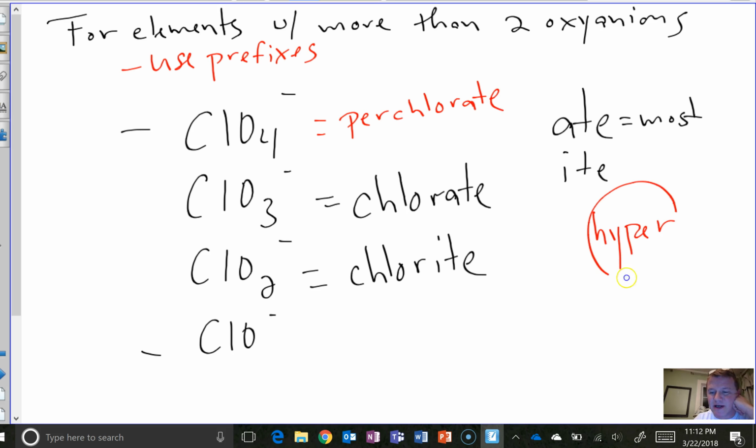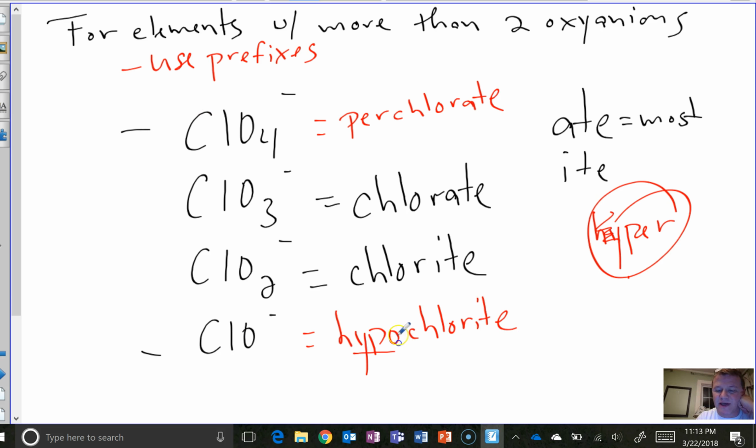In science, hyper always means above or on top of. So literally in this case, perchlorate, we just kind of lose the HY there. Perchlorate literally means above chlorate. Okay, so now ClO becomes hypochlorite.